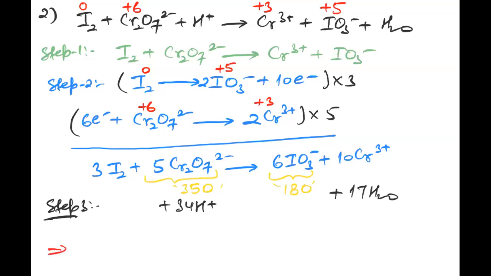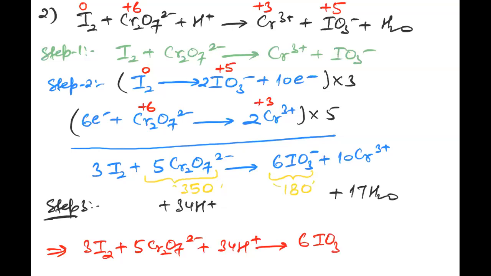So the overall balanced reaction should be 3I2 plus 5 dichromate ion plus 34 H plus converting into 6 IO3 minus, 10 chromium 3 plus, and 17 H2O.